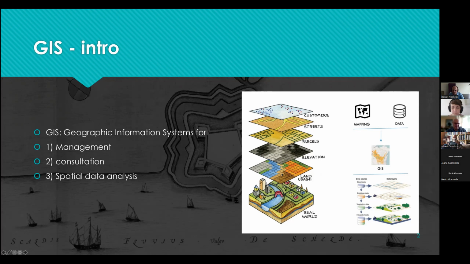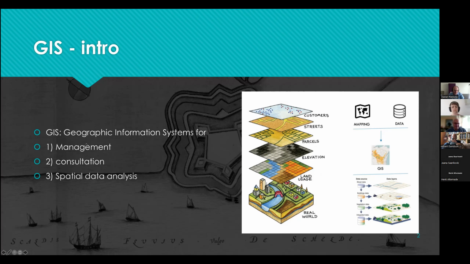These different layers are in such a GIS system. And to the elements in the maps, we can link data. We can link information, for example, who is living in this house, who is the owner of this parcel, what is the water quality of this river, etc. All kinds of textual or graphic or numerical information can be attached to it.